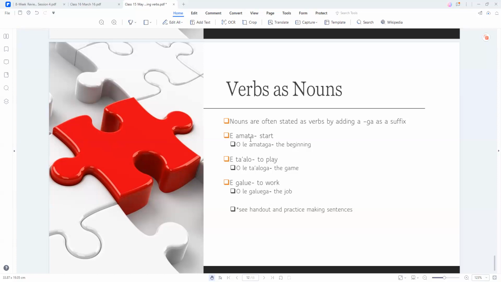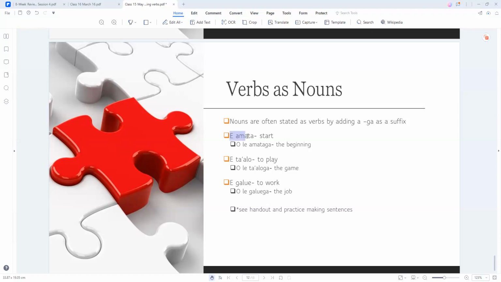But whenever you want to change a verb to a noun, and this goes for many of the verbs, all you gotta do is put a nga at the end. So if we wanted to say amatanga, that would be the beginning, that would be a noun, ole amatanga.